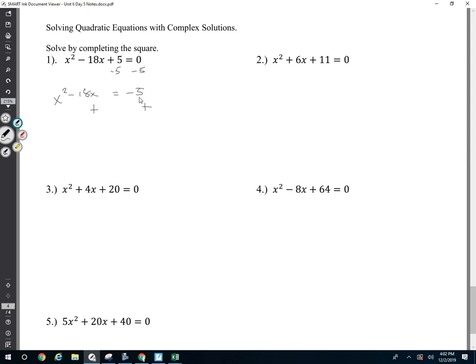Mr. Quinn, which number am I going to add to both sides? We know it's always going to be positive because any number squared is going to be positive. I will remind you, the key is this b over 2 squared.